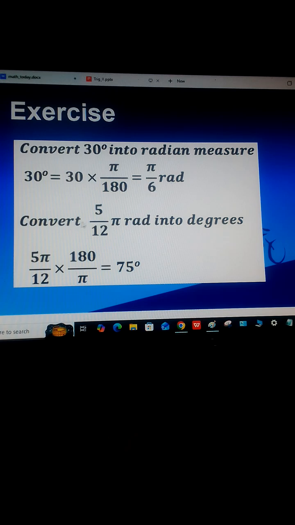To convert 5 pi over 12 radians into degrees, we multiply 5 pi over 12 radians times 180 divided by pi. So when you simplify this, you will get 75 degrees. So this is how you can convert between radians and degrees.